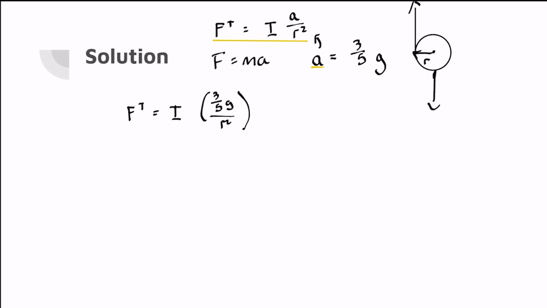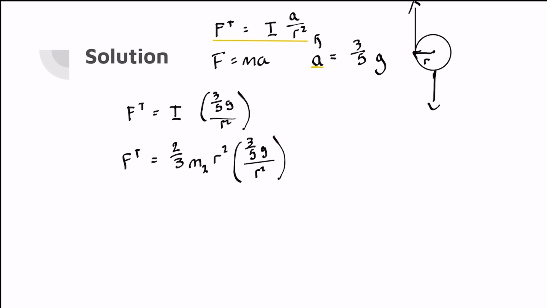So that gets us 2/3 mass of the ball, r squared, over 3/5 gravity over r squared, equal to force tension. Yay!